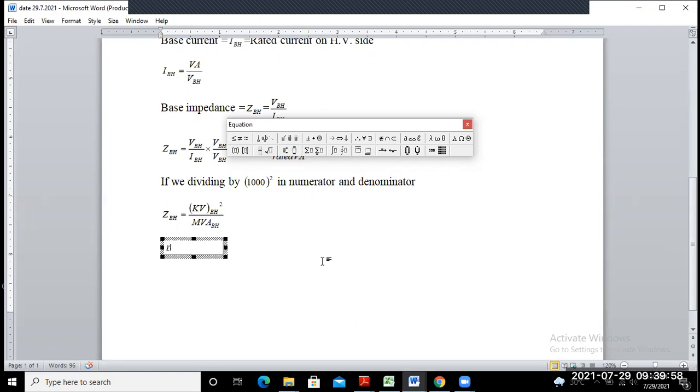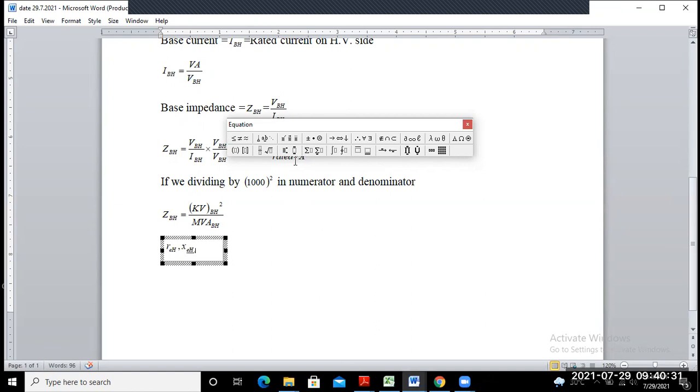So if we represent the equivalent resistance in the high voltage side, it is represented by R suffix EH. That means equivalent resistance referred to the high voltage side. Or maybe reactance, that is represented by X suffix EH, meaning equivalent leakage reactance along the high voltage side.